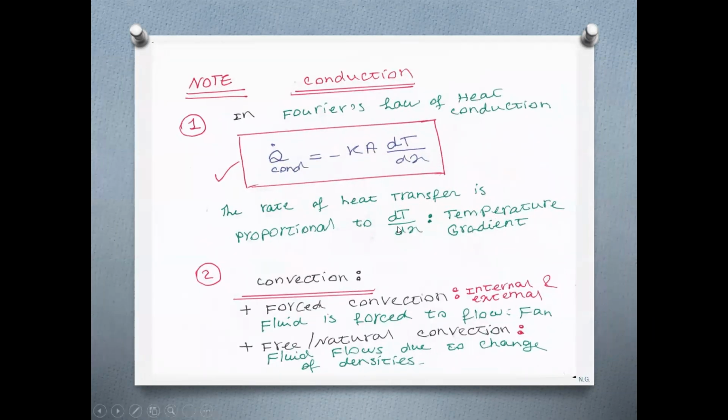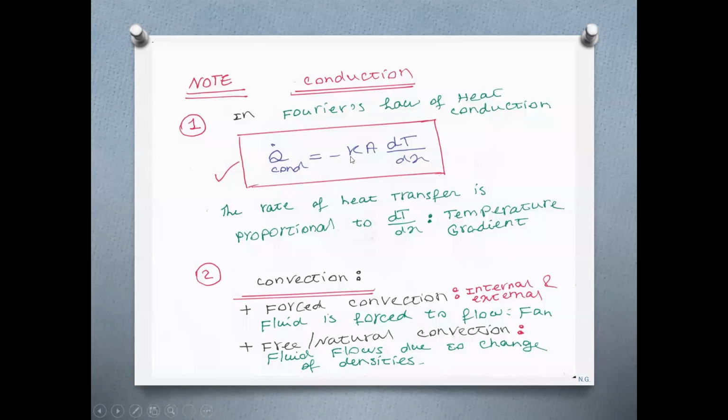If, for example, you consider a wall and there is a temperature gradient, meaning temperature is not uniformly distributed, and the area of the large wall is A, and it's made of some material, and the conduction coefficient for that depends on the material. So for wood, it is different than glass, different than metal.